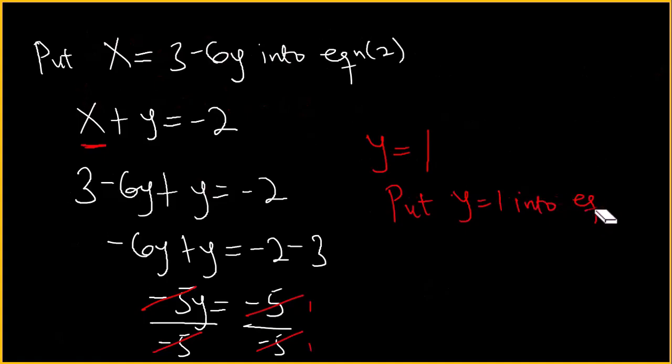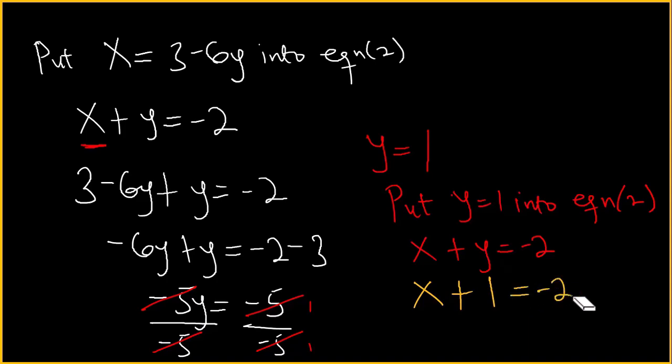So I have equation 2 over here, so let me put it in. Now I have x plus y equals negative 2 as my equation 2. So I have x plus y, which is 1, equals negative 2, and x is equal to negative 2 minus 1, giving us negative 3.